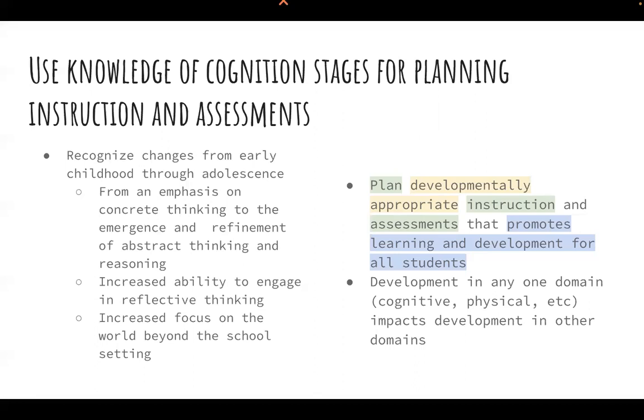One example, which we spoke about, is the emphasis of concrete thinking, then the emergence of abstract thinking, which begins to emerge in the middle grades, and then we refine it in the high school years. This is why when we're doing math lessons, even in 3rd, 4th, 5th grade, we have to use manipulatives and visuals, because much of math, the concepts, is abstract, and their brains cognitively are still on the concrete level of learning.